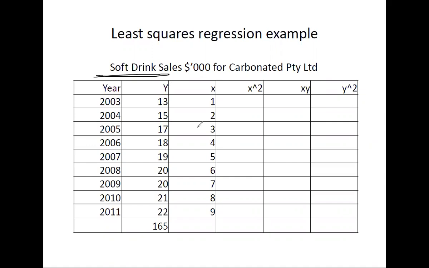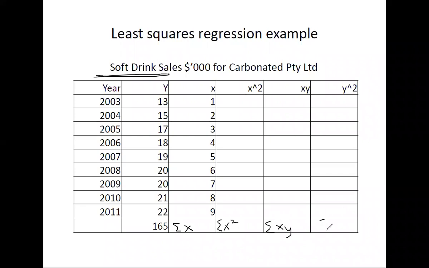We are using the normal regression technique, so the years will be coded from 1 to 9. Then you find your X squared, because we are interested in summation X squared. We're also interested in summation X all squared, so we have to find summation X. We're also interested in summation XY.